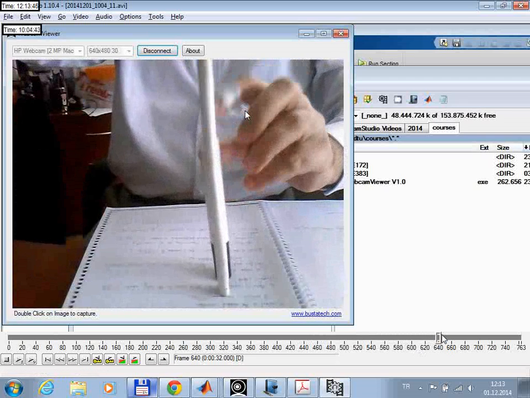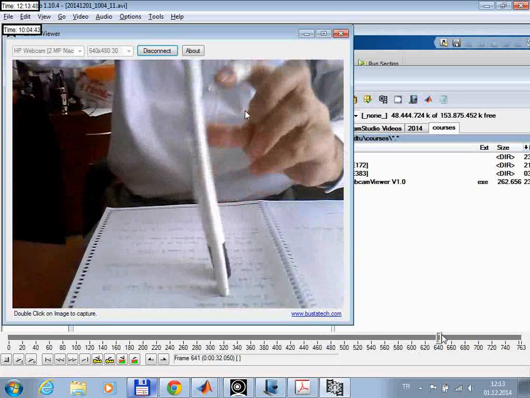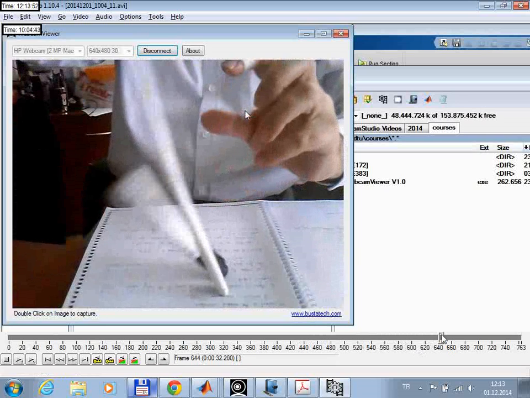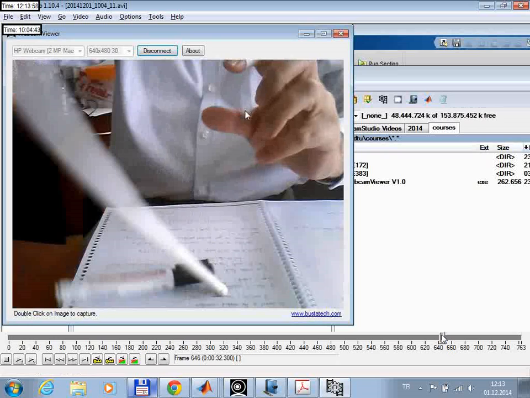I just release it here. And after a few frames, you see that the board marker is going down much faster. See, it's already on the floor, whereas the long one has still a long way to go.